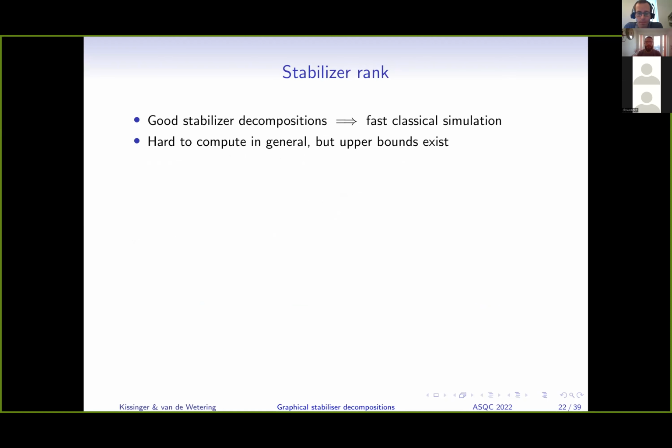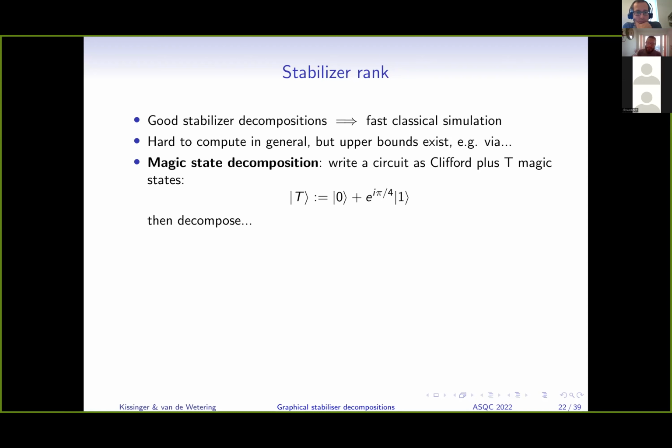Now, this is hard to compute in general. It's almost too much to hope for to get exact optimal stabilizer decompositions. But there are some upper bounds based on computable techniques for doing stabilizer decompositions. And I think all the ones that I know about do something like a magic state decomposition.